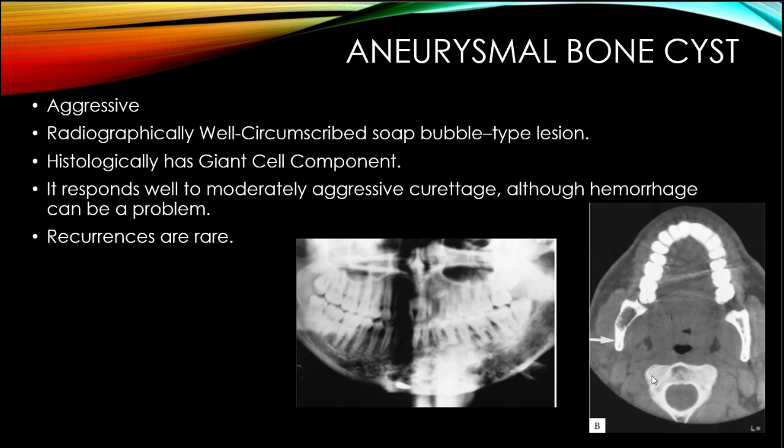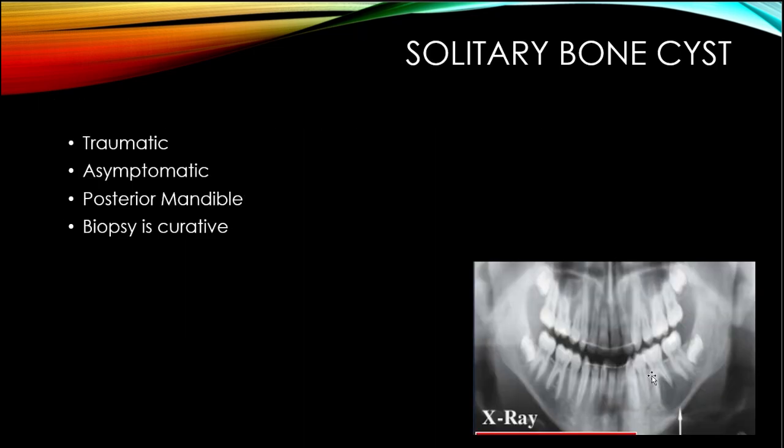Aneurysmal bone cysts, it's a giant cell lesion. Hemorrhage is very aggressive in these cases, very hemorrhagic. Now, it has a well circumscribed soap bubble type radiolucency. Recurrence is rare. Solitary bone cysts, usually traumatic, asymptomatic, sometimes biopsy or aspiration is curative for it.